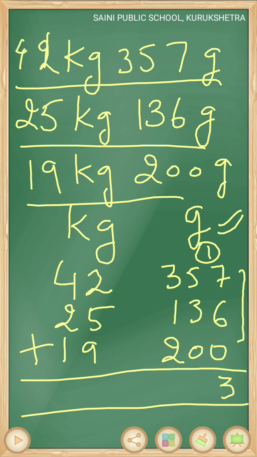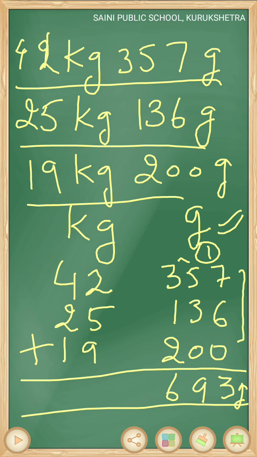Plus 1 carry. So here I will write 9. Okay. Now move to next place. This place is complete, no carry. Now next place is 3 plus 1, 4. 4 plus 2, 6. So here 693 gram. Okay. So our gram place is complete.